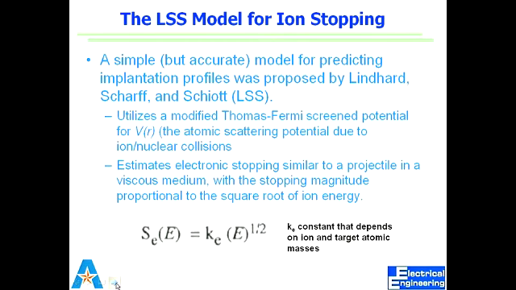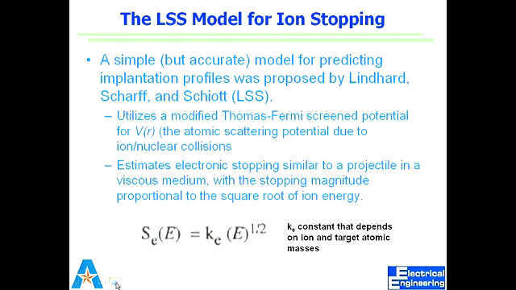So, this would be a simple model, and there are other models that are much more accurate. It takes into account a factor called Ke, which depends on the masses of the ion and the target atom, right?